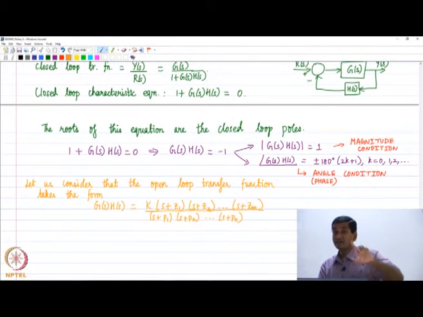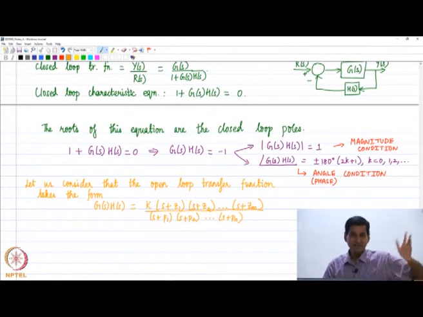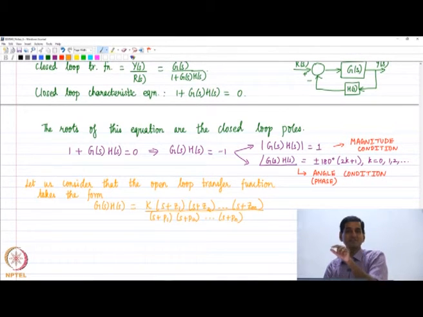Please remember that in the previous discussion on steady state error, we used a k such that the constant terms in the numerator and the denominator polynomials were 1. Here it won't be. Please note that that k was known as the open loop gain. This k is something else, it's a parameter, but unfortunately the same symbol is used, so we should not get confused.